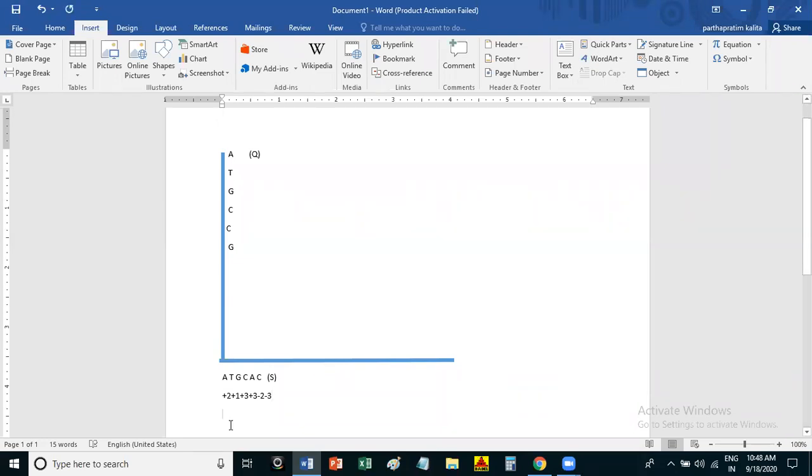For adenine, there is positive 2, for thymine positive 1, then next 3. For again, you have to see the query sequence, always. Then for C, cytosine, it is positive 2.